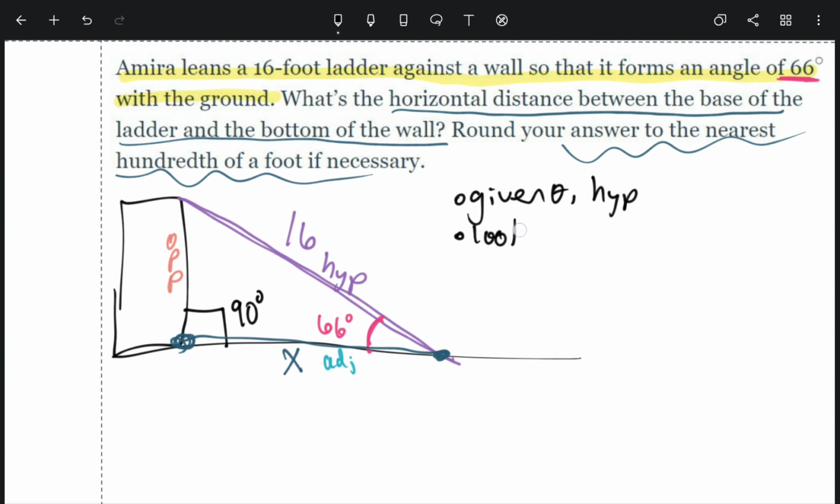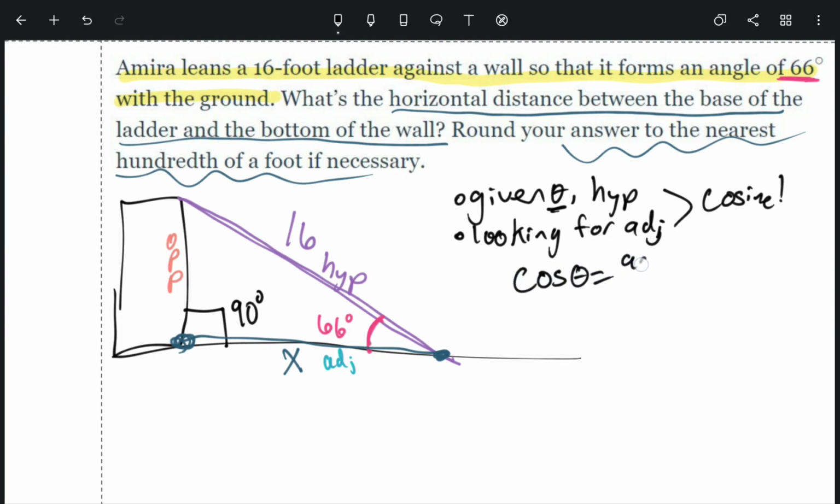We are looking for the adjacent. Adjacent and hypotenuse mean cosine. And we're going to use regular cosine because we are looking for the side, not the angle. We are given the angle. So cosine of our angle equals the length of the adjacent over the length of the hypotenuse.